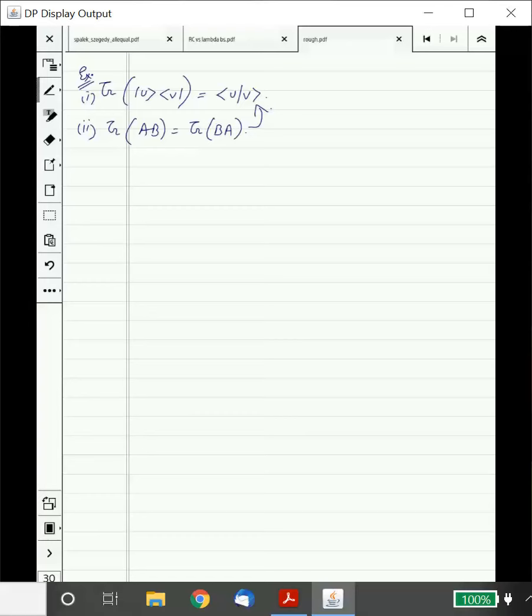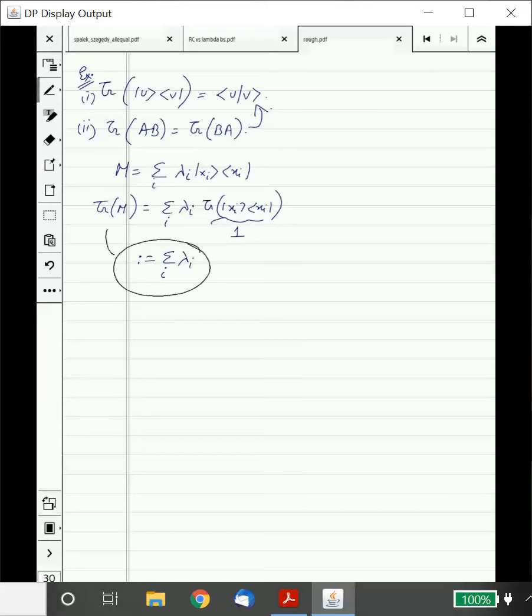Once you have verified these, then given M as the sum of lambda_i |xi><xi|, taking the trace of M and noticing that it is linear, I will get trace of M is equal to the summation of lambda_i times trace of |xi><xi|, and all these are going to be 1. So I get a definition in terms of eigenvalues.